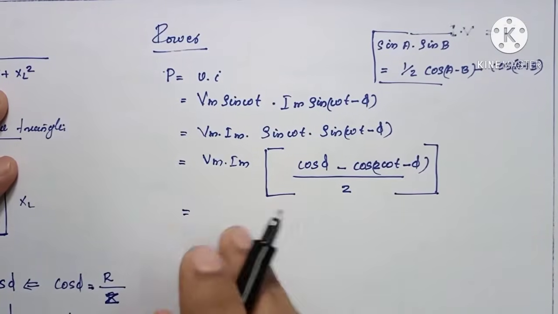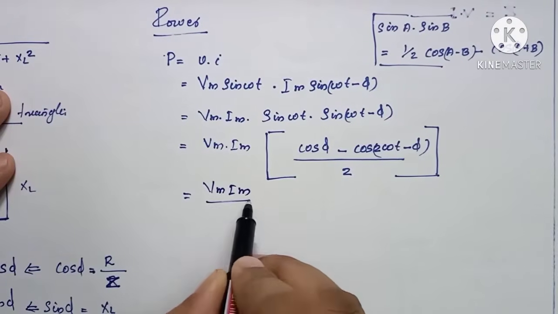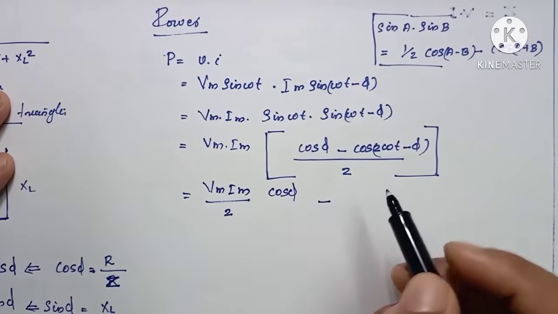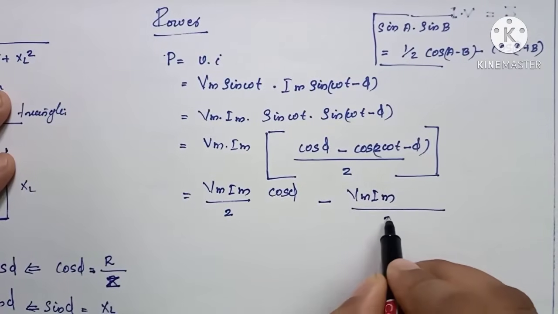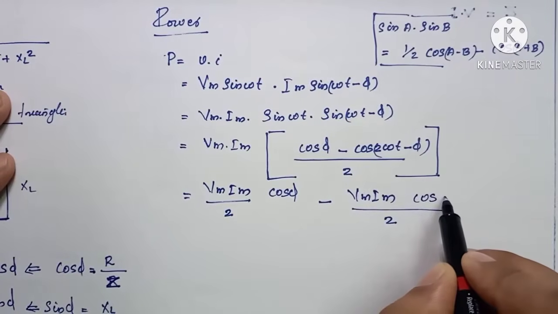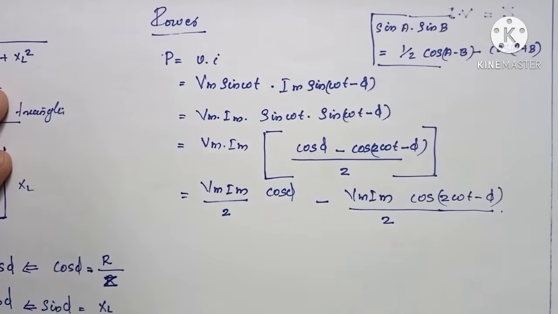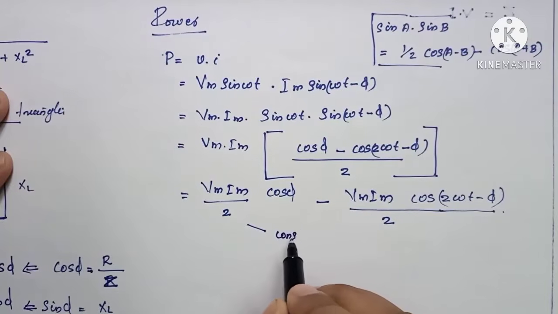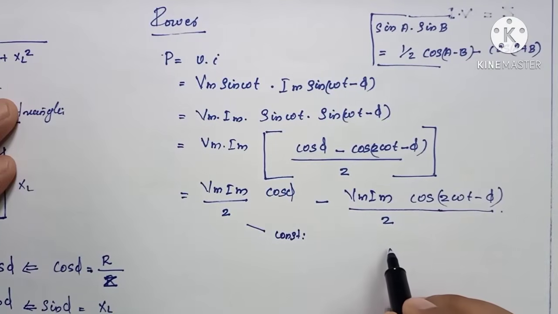I can split the bracket in the next step: Vm Im by 2 into cos phi minus Vm Im by 2 into cos 2 omega t minus phi. The first term is the constant part in this equation, and the second will be the pulsating part.